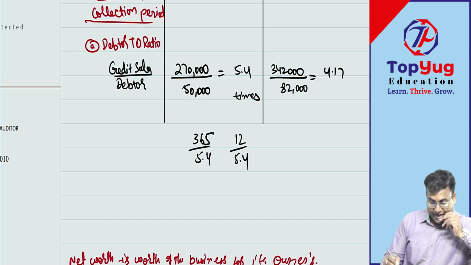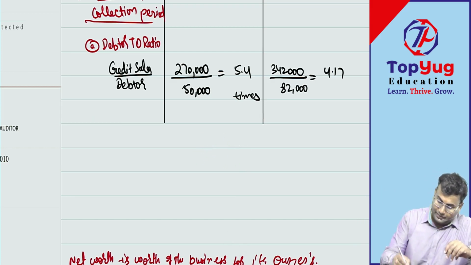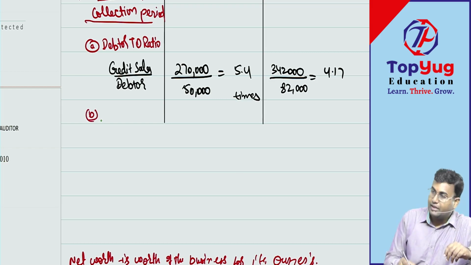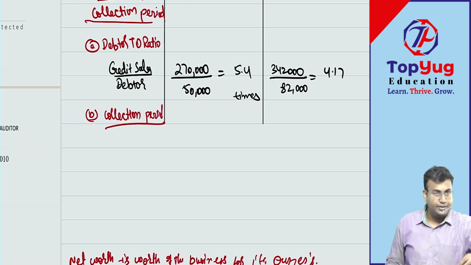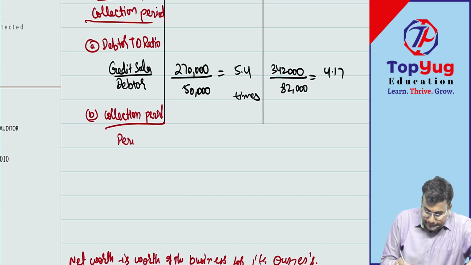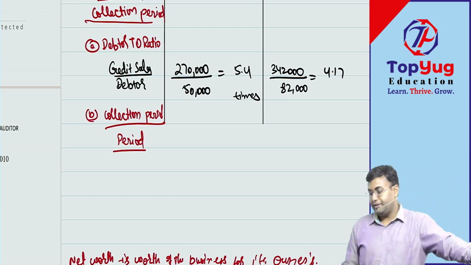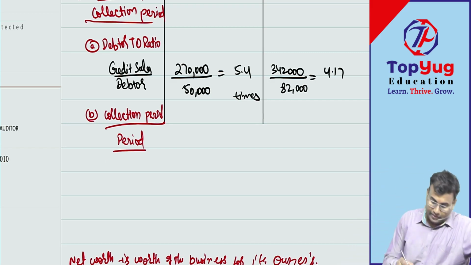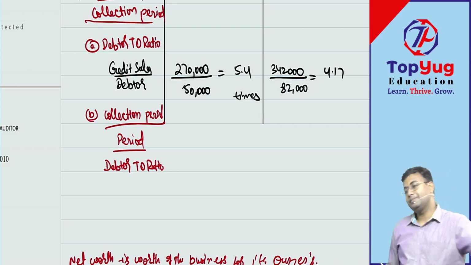Now, how do I calculate this second one? Now, let us come to the B bit, that is your actual question. What is collection period? So, can I say collection period is nothing but period divided by debtor turnover ratio. Can I say this or not?